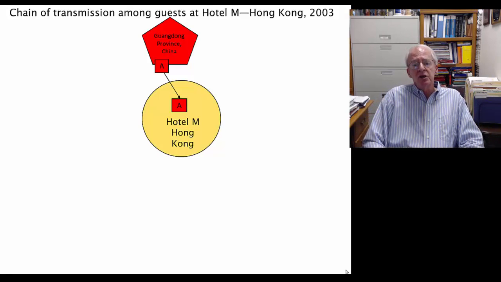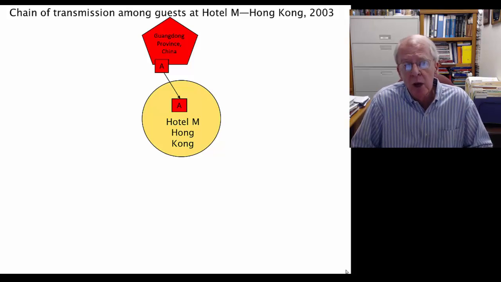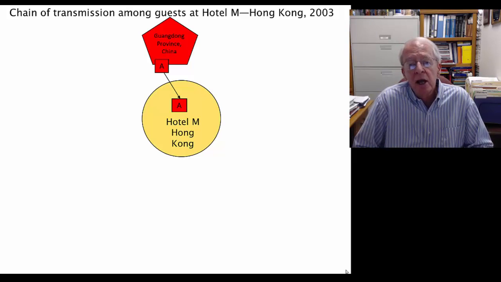Further investigation of this patient revealed this rather dramatic scenario. A physician indicated in box A, who was working in Guangdong province and who had cared for hospitalized patients with this severe unexplained illness, went to Hong Kong for a wedding accompanied by his wife.